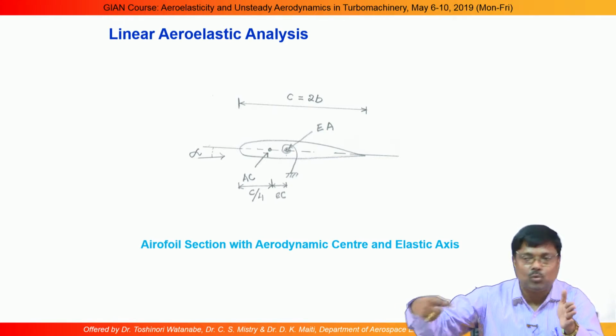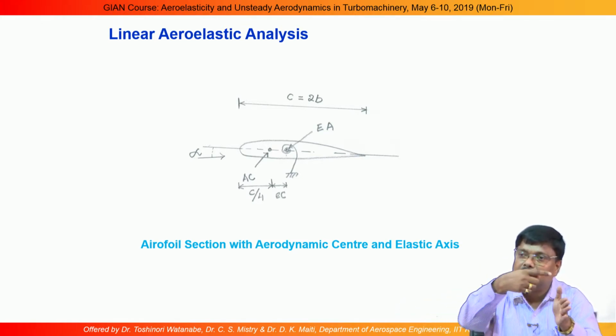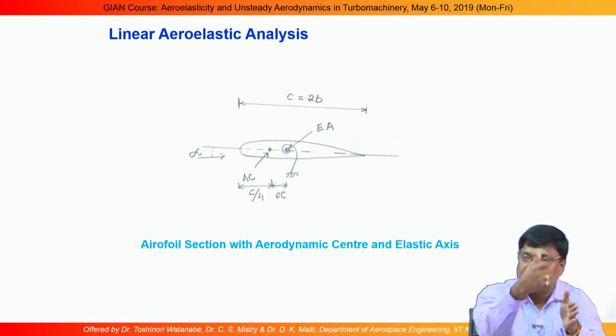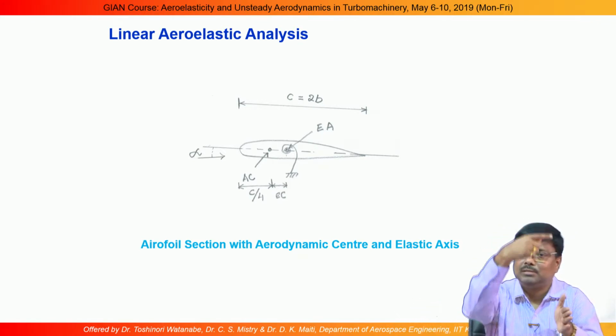Torsional means rotation about the y axis. Usually the aircraft axis is like this: the tip of the aircraft is the origin, towards the rear side of the fuselage is the x axis, this side is the y axis, and then the z axis.